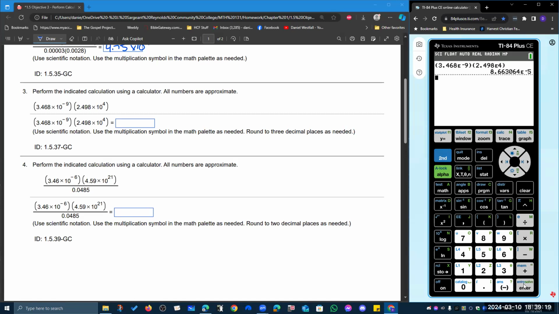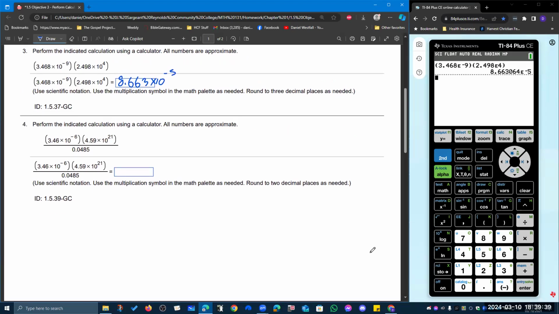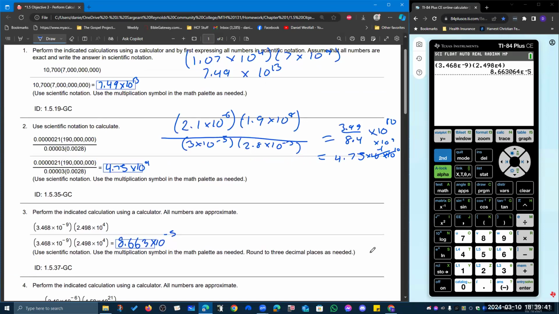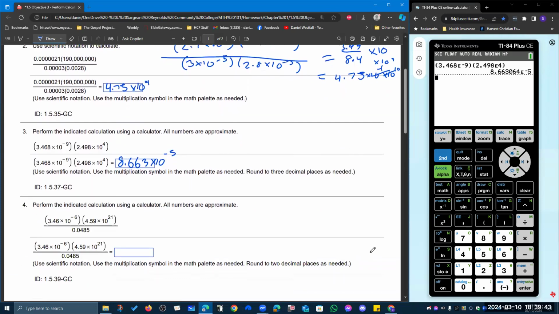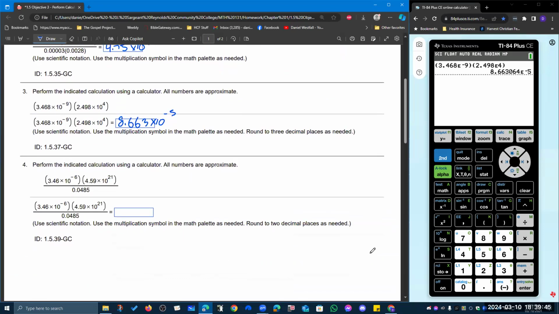And we have this set up to give us our answer in scientific notation. It tells us to round to 3 decimal places as needed. So 8.663 times 10 to the negative 5th. And there was no rounding in those because those were considered to be exact numbers.